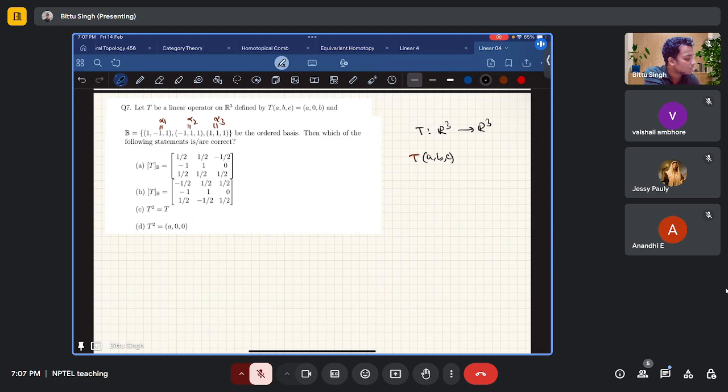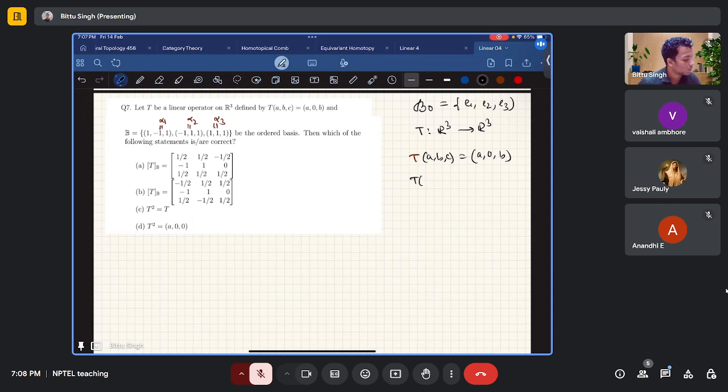T(a, b, c) is the same as (a, 0, b). Therefore, let the notation B already be there, so we may write B0, the initial old basis. Old basis is the standard basis e1, e2, e3.